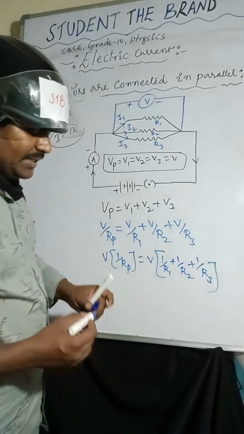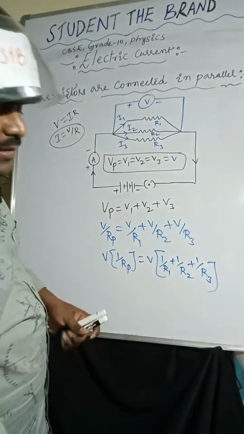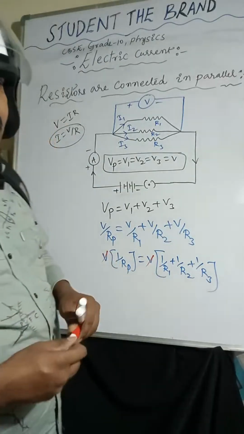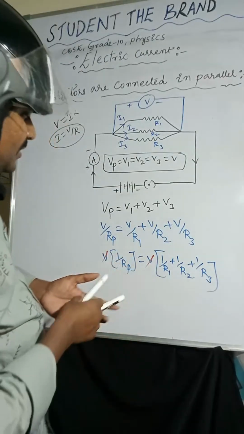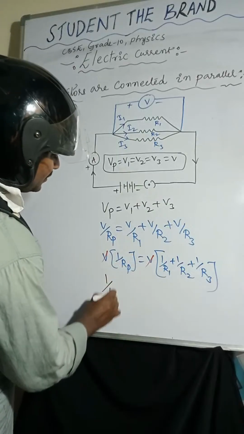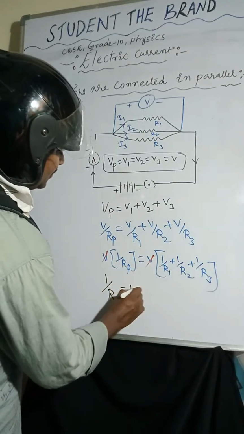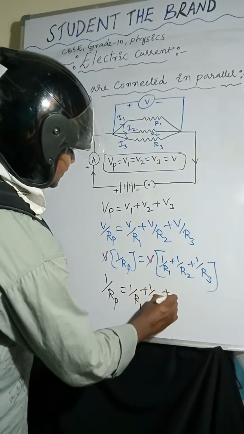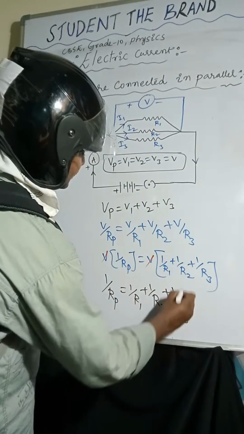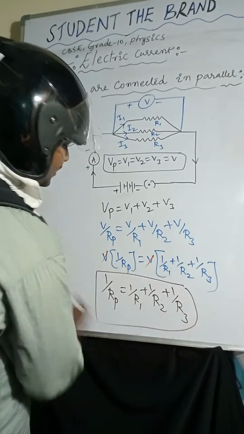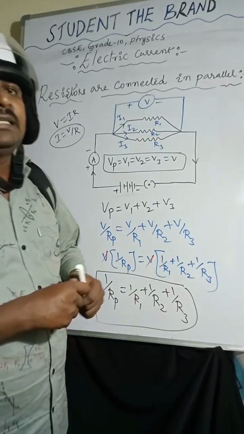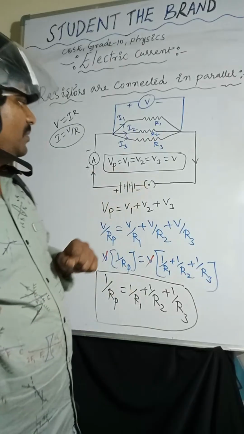V will get cancelled. The remaining values are 1 by Rp equal to 1 by R1 plus 1 by R2 plus 1 by R3. This is the formula for resistors connected in parallel combination.